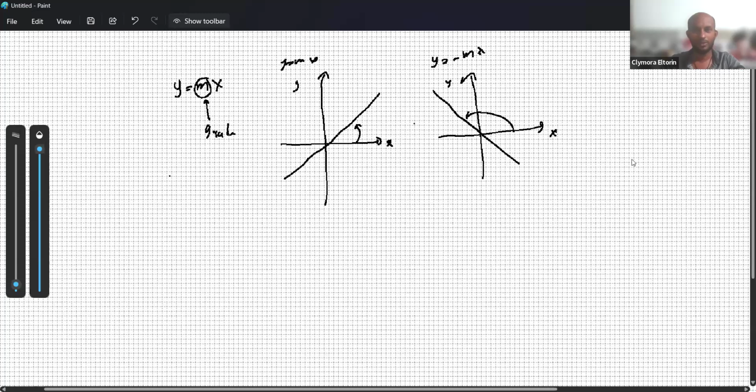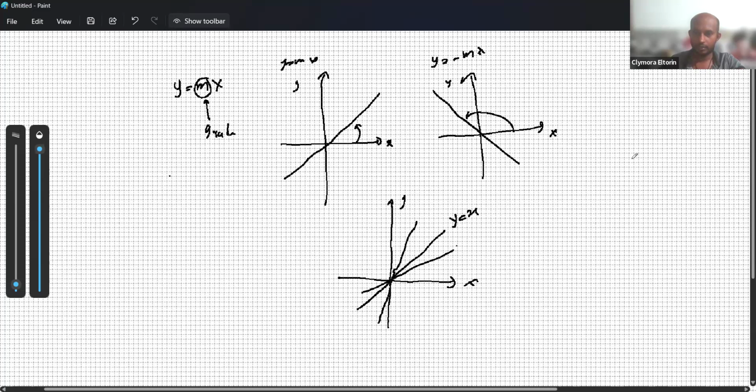This is the recall of all the things we discussed earlier. And what happens if the gradient increases? Here x and here y. If I draw three graphs in the same Cartesian plane, this one y equals x, this one half x, and this one maybe 3x, what happens?